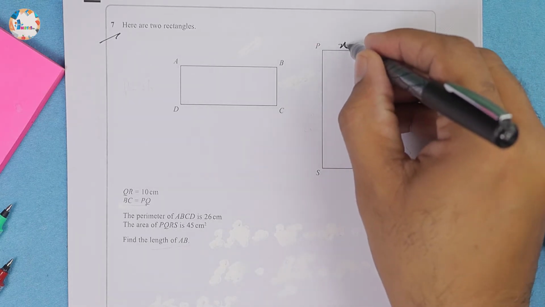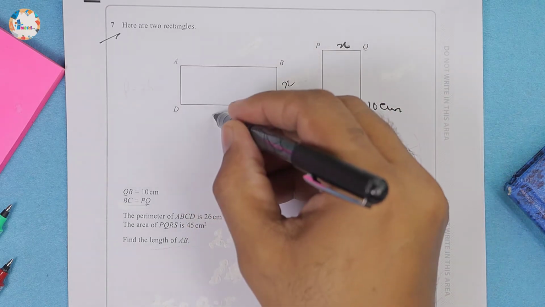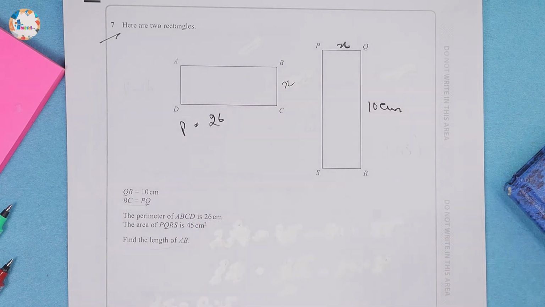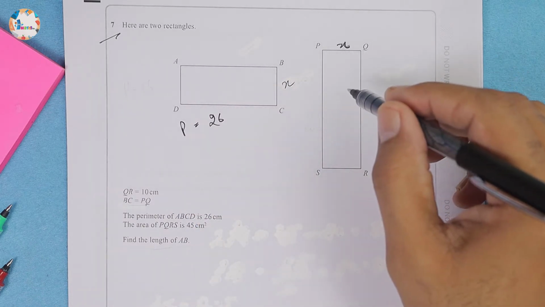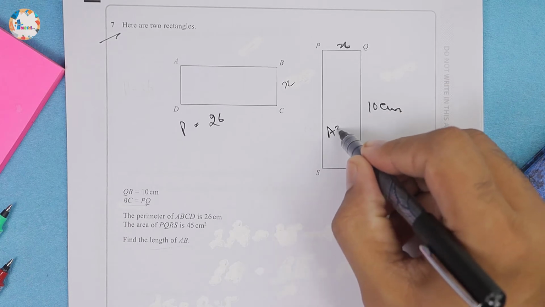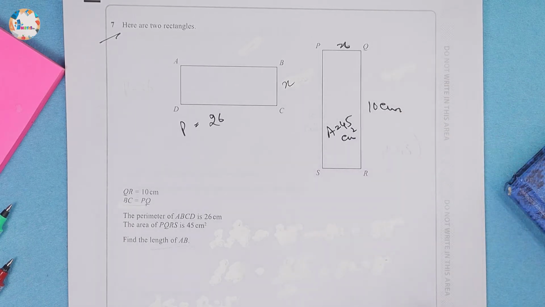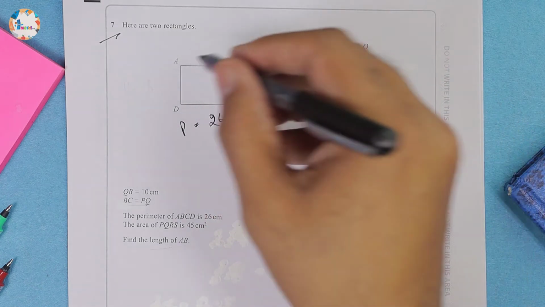If this is X, this will also be X. And the perimeter of ABCD is 26, so the perimeter of this one is 26 centimeters. And the area of PQRS is 45, so area is equal to 45 centimeters square. Find the length of AB. So AB length, this side, is required.